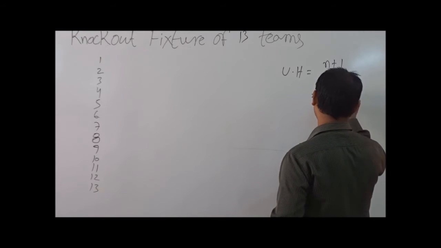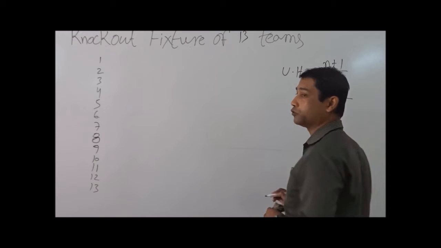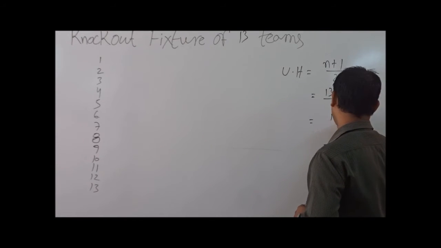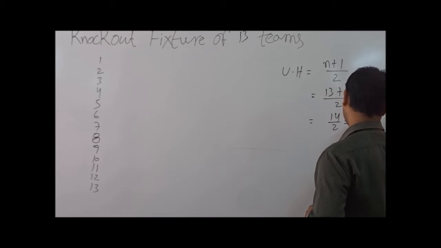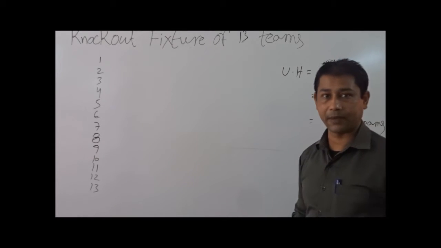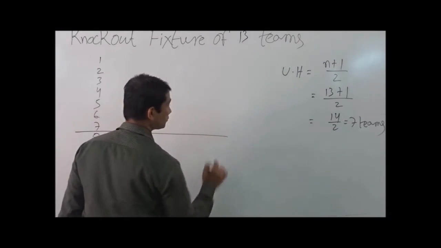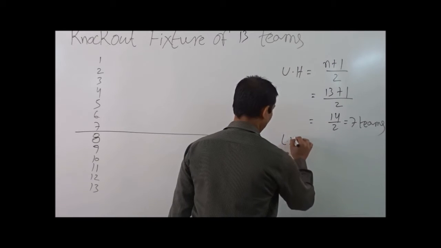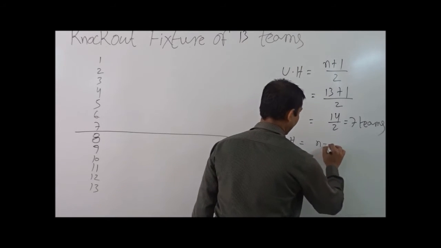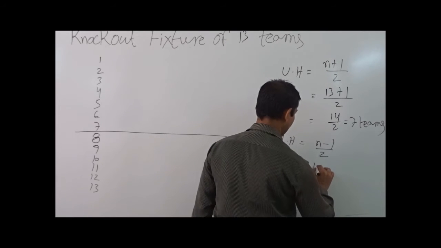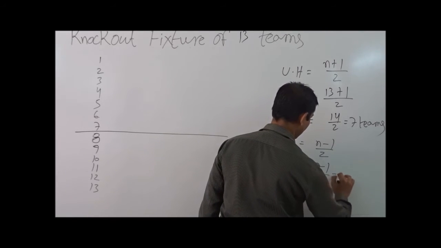So 13 plus 1 upon 2 stands 14 upon 2, means 7 teams. 7 teams in upper half. Lower half, n minus 1 upon 2, that stands 13 minus 1 upon 2.